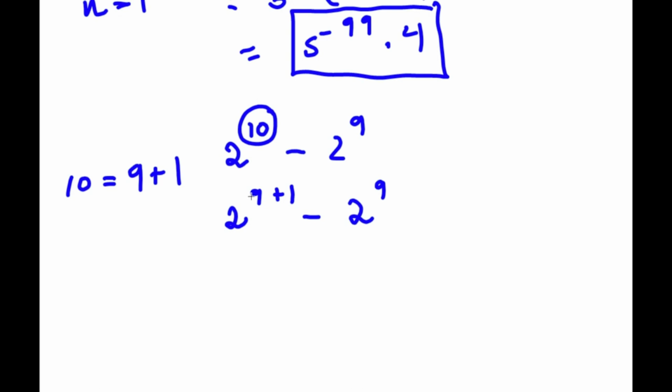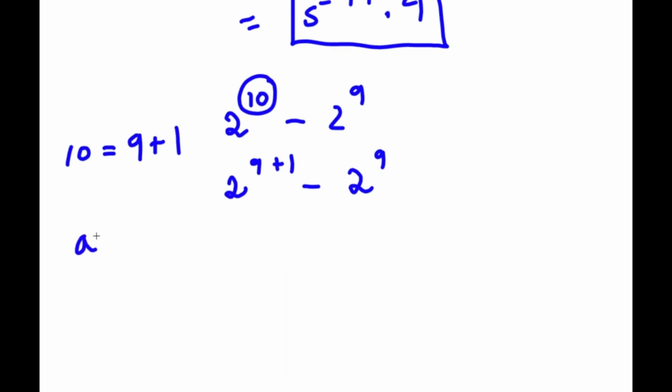Now, to simplify 2 to the power of 9 plus 1, I'm going to be using the property a to the power of m plus n is equal to a to the power of m times a to the power of n. Let me just rewrite that. A to the power of m plus n is equal to a to the power of m times a to the power of n.